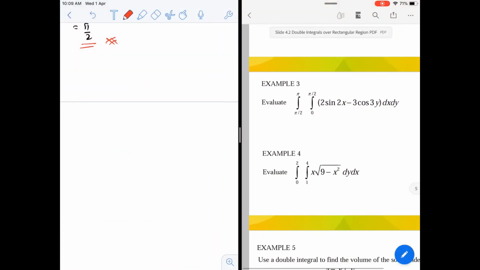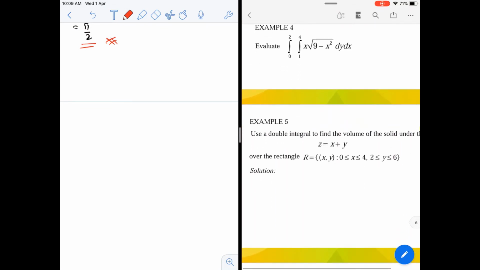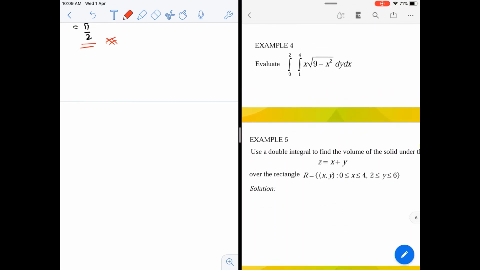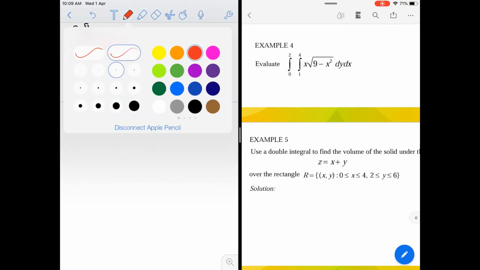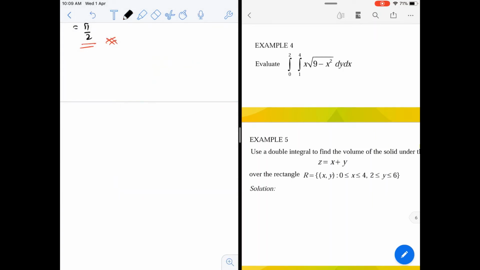Okay, now let's take a look at example 4. Okay, example 4, we have these types of function. So let us solve this one.